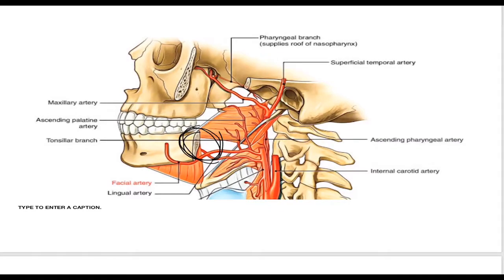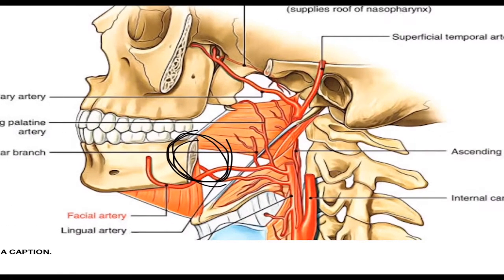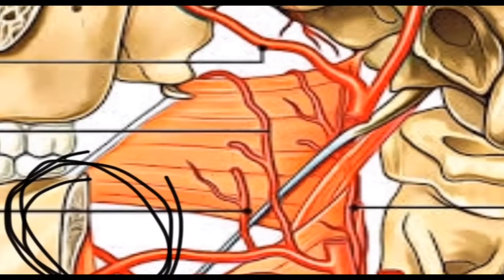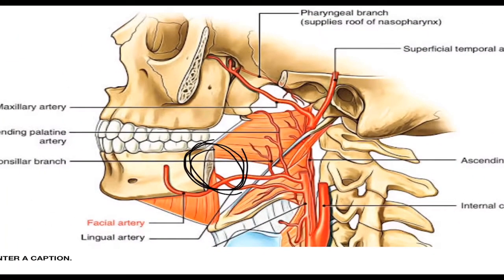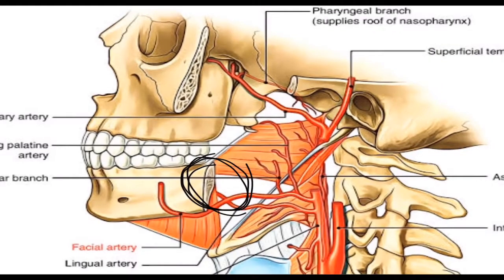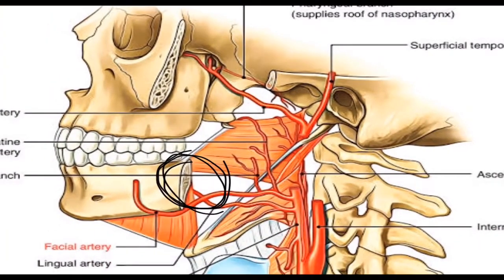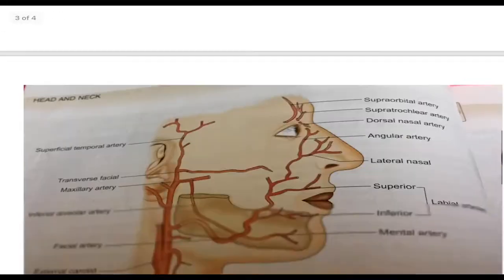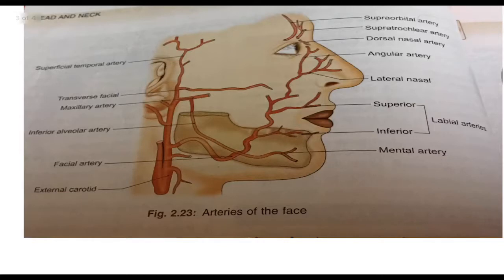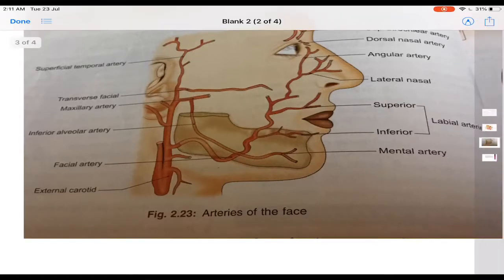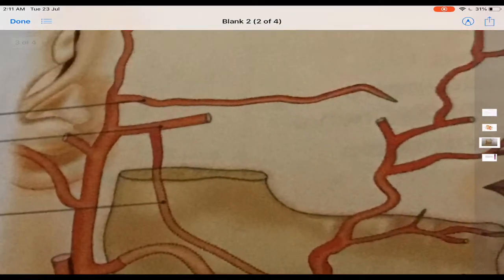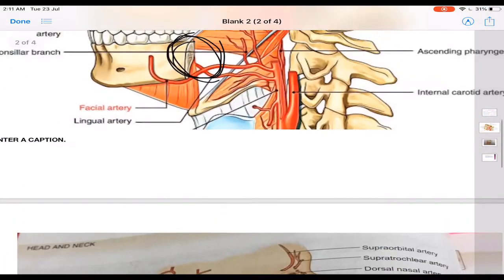Now, the ascending palatine artery, as you can see, is right here. It's highlighted here. Okay. Now, the ascending palatine artery supplies the auditory tube, which is here. Okay. And then the palatine tonsil, which you would have to imagine because this is an osteological picture. So it would be somewhere running on this side, somewhere here, because the maxilla is not very prominent in this picture.